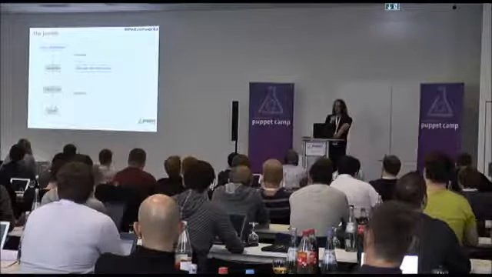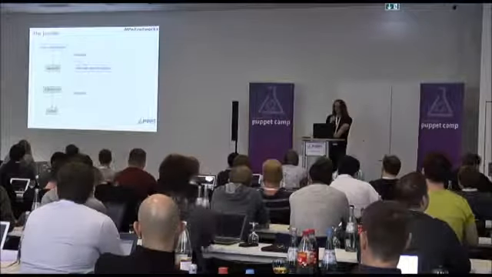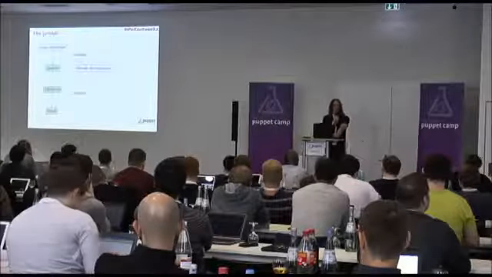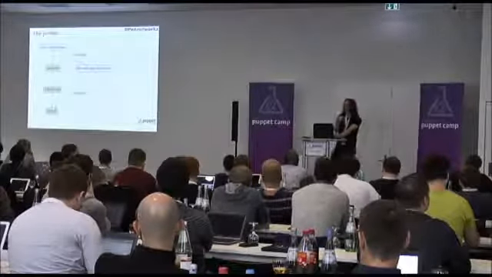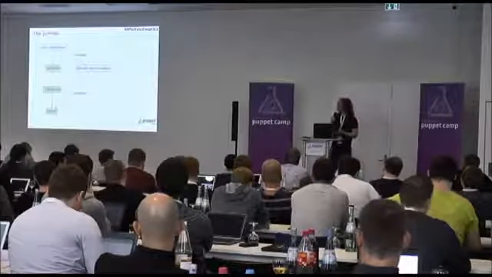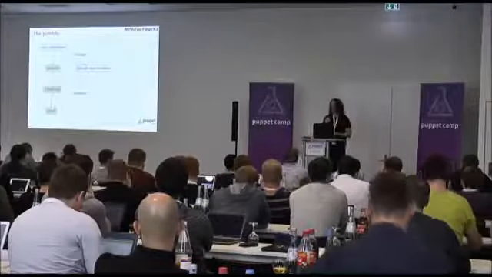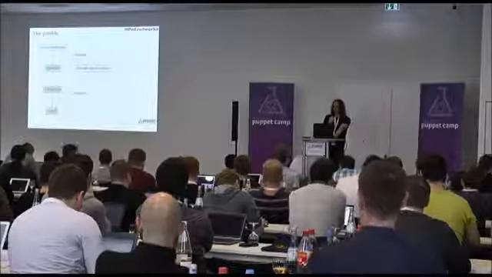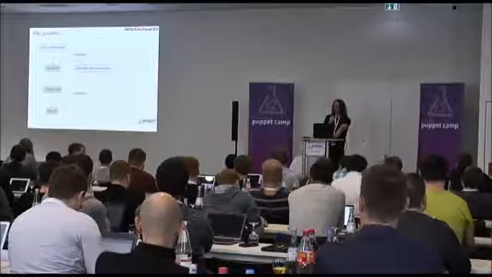Now also assume that the web server role class includes a class for thread optimization, that is a class that will do some system settings to make multi-threaded applications run better, whatever. And this also will include the sysctl class.